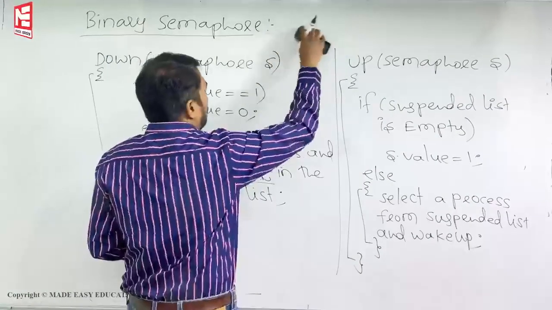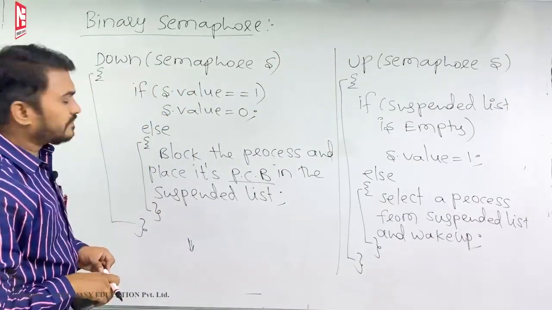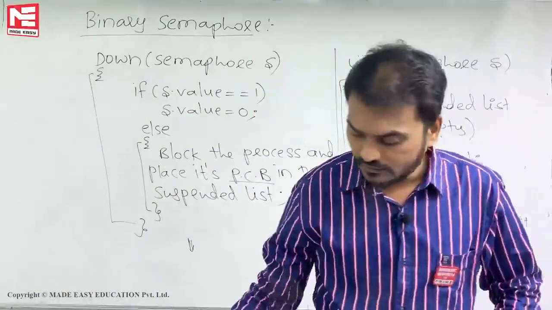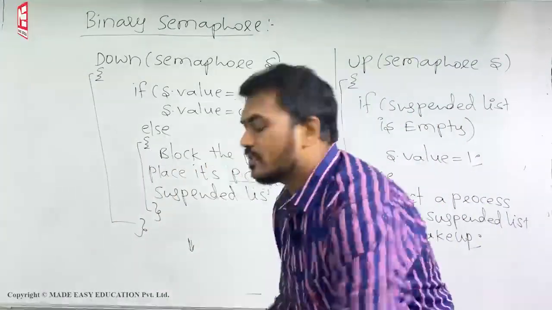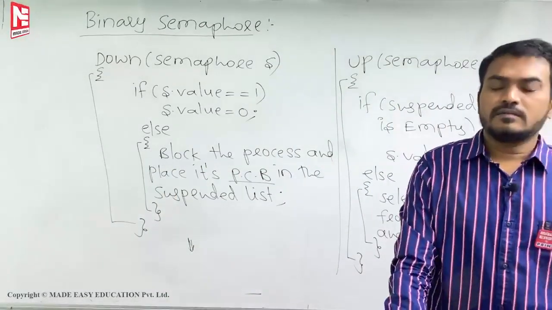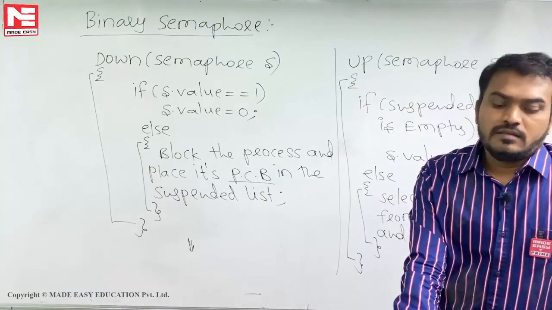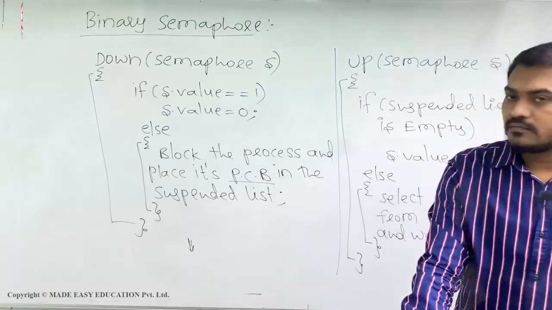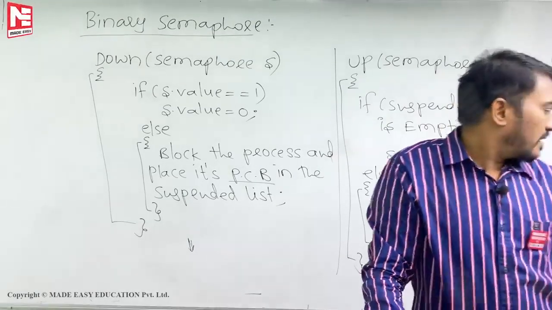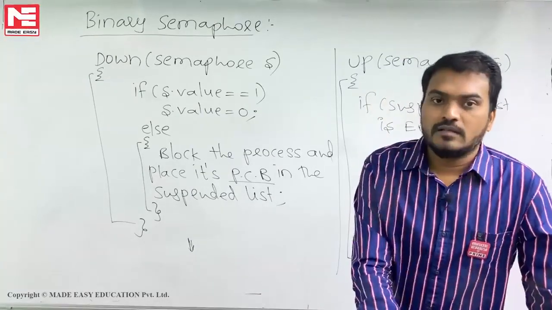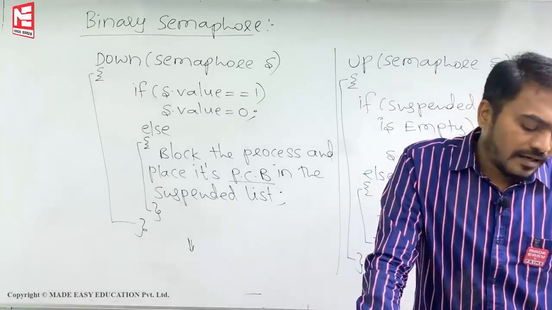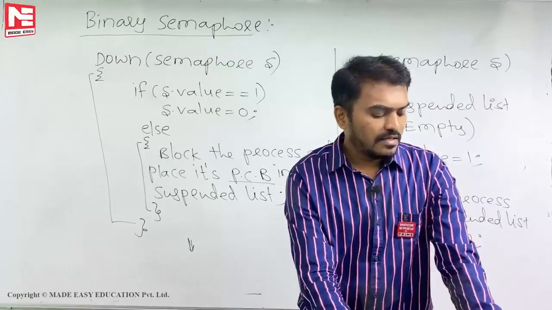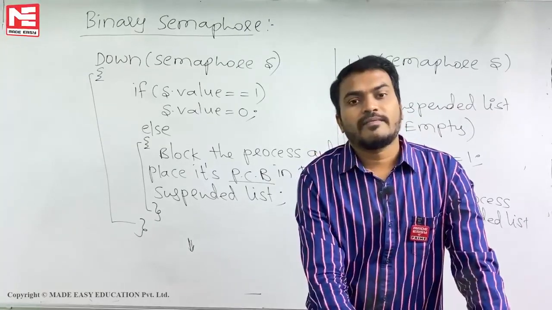Right. So now note down the points here. After performing down operation, if the process is getting suspended, then it is called an unsuccessful down operation.